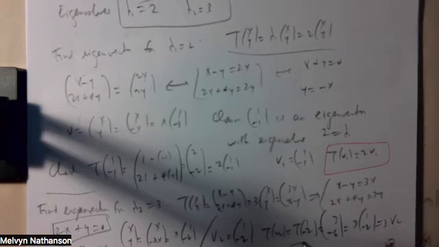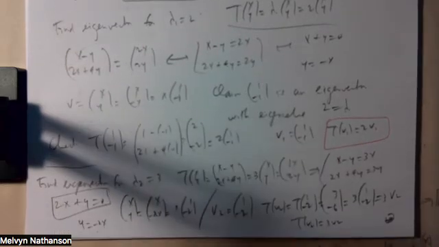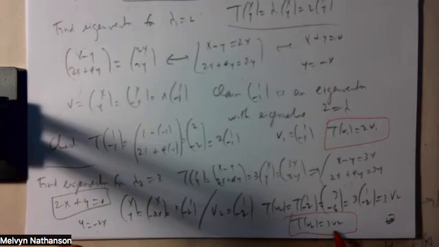So T of v2 is 3v2. And I found an eigenvector for the eigenvalue 3. There's a lot of algebraic calculation involved, but in linear algebra, if you pursue it further, the study of eigenvalues and eigenvectors is very, very important in applications and in theory.